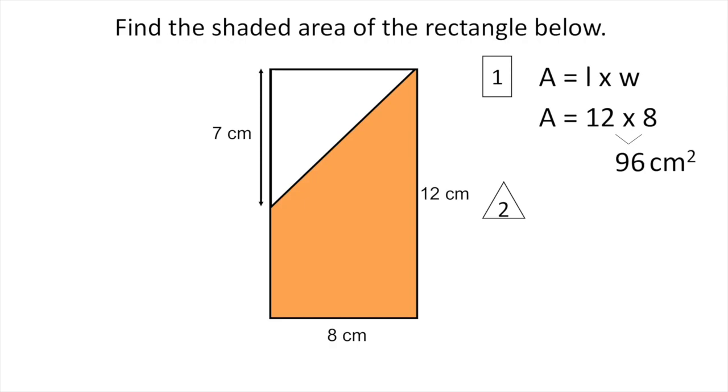So if you look at the triangle, we do have 2 sides of the triangle that come together at a right angle, right here. So that means I want to find out what this side is. And I can do that because the entire figure is a rectangle, which means the opposite sides are equal. So my 8 centimeters on the bottom is going to be the same length as the 8 centimeters up top.